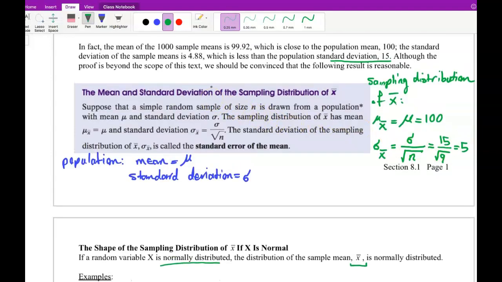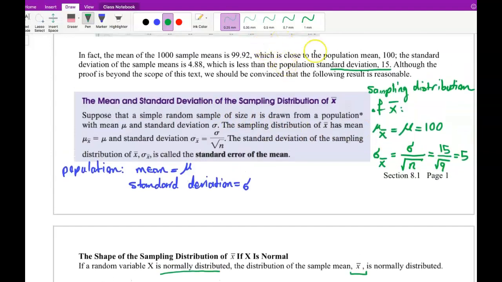But on top you can see this was given: the population mean was 100 and the standard deviation of the sample mean is 4.88. We got 5, which is close to 4.88.